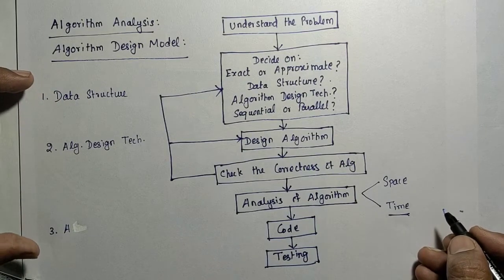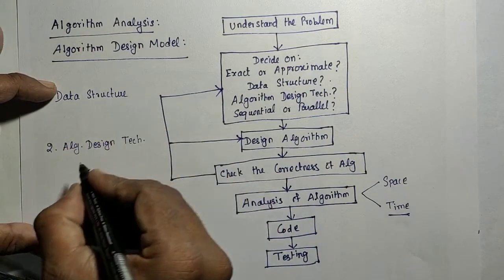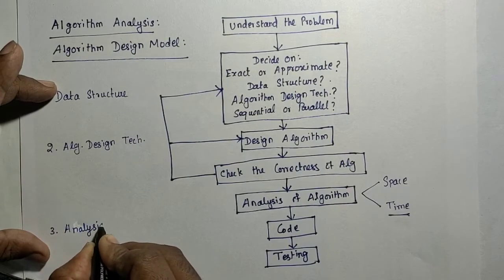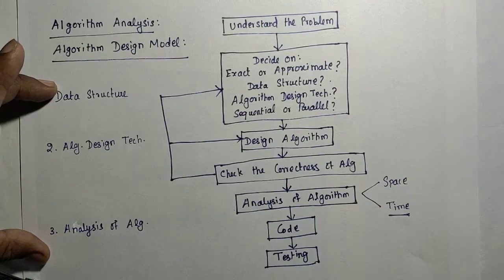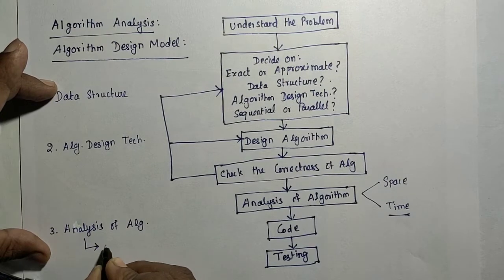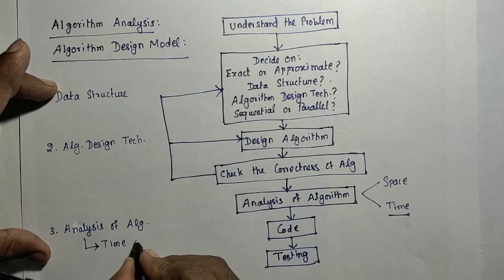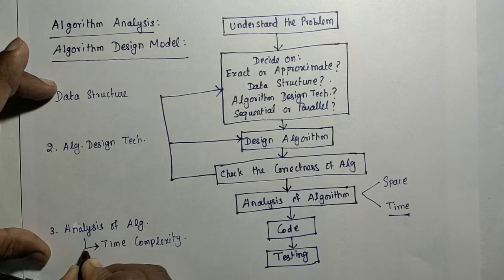So we need to concentrate on these three areas particularly: data structure, algorithm design techniques, and analysis of algorithm. In analysis of algorithm, we need to learn how to analyze an algorithm, how to find the time complexity, and mathematically say this is the time complexity of our algorithm. And we need to know the space complexity.